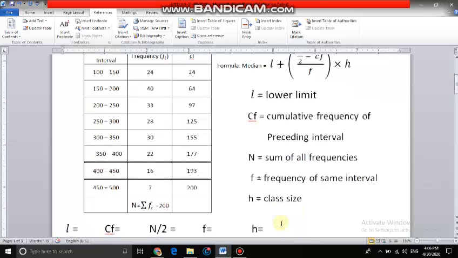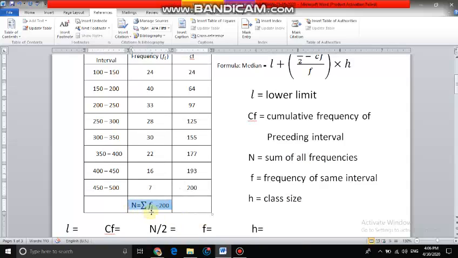Now let's see how to get these values. You have seen here that n is the same as the sum of frequencies, that is, n value is 200. If n is 200, can you tell me what the value of n by 2 is? 200 upon 2, that is 100. So first you get the sum of all the frequencies, which we take as n.